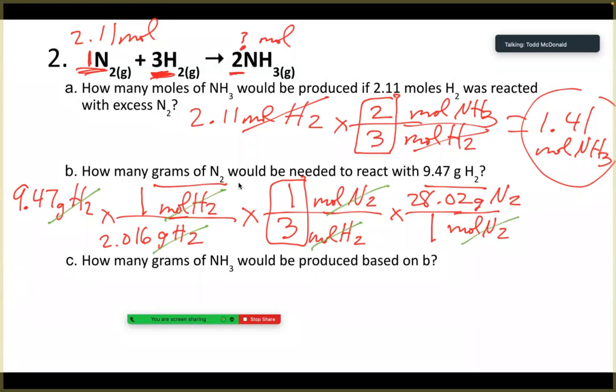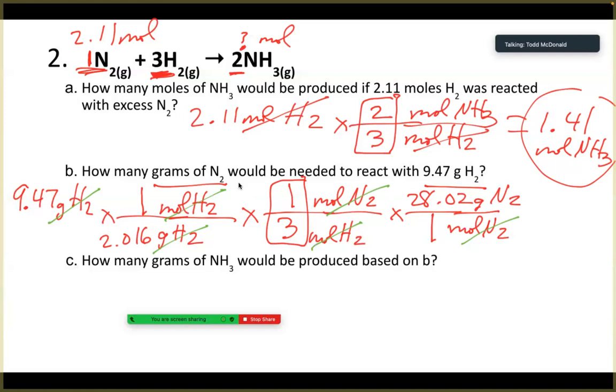And when I punch this into a calculator, anything on the top, I'm going to multiply. So 9.47. Anything on the bottom, I'm going to divide. So I'm going to take 9.47 divided by 2.016. Get a number. Divide it by 3 because it's the same thing as multiplying by 1/3, right? And then I'm also going to multiply by 28.02.